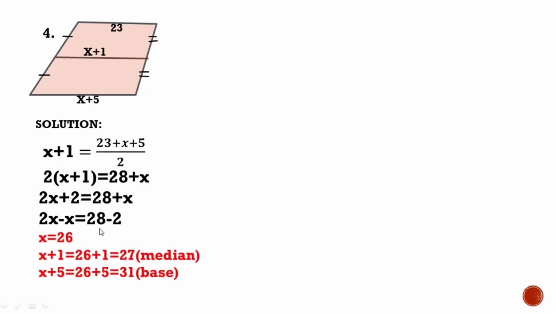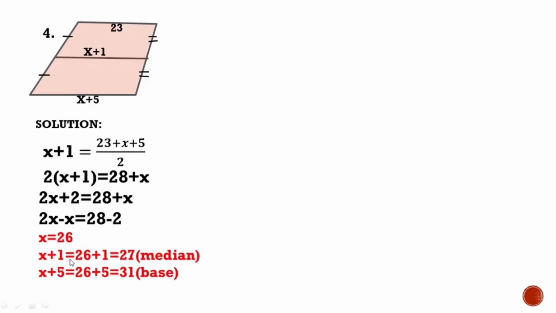Simplifying further, we combine like terms. We have 2x minus x, also combine the constants, so we have 28 minus 2. So 2x minus x is x, 28 minus 2 is 26. So the value of x is 26. Now let's find the length of the median represented by x plus 1.